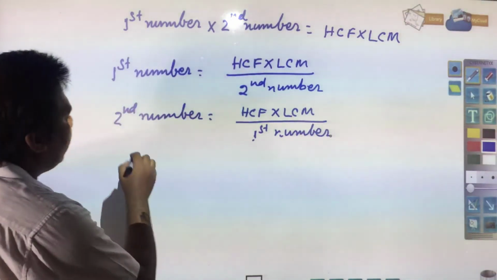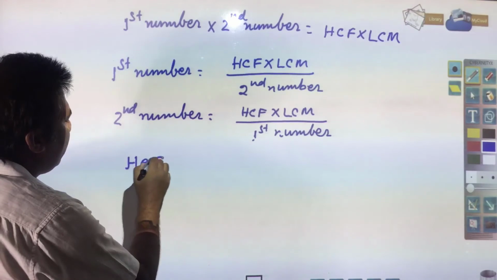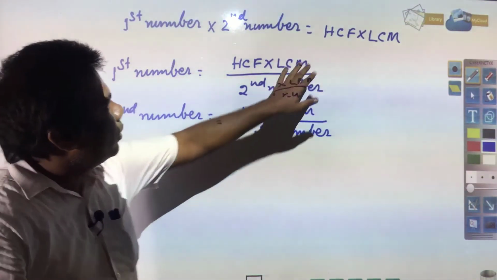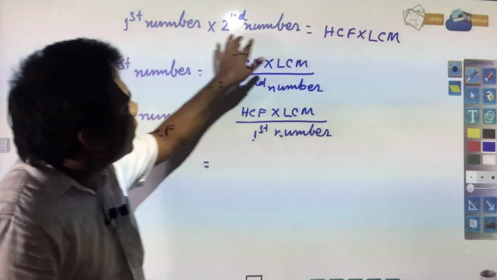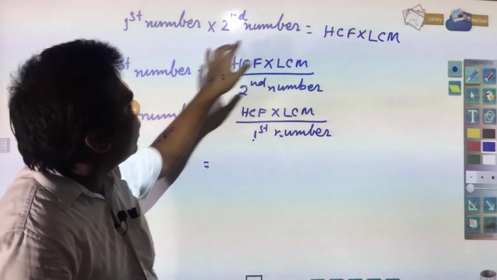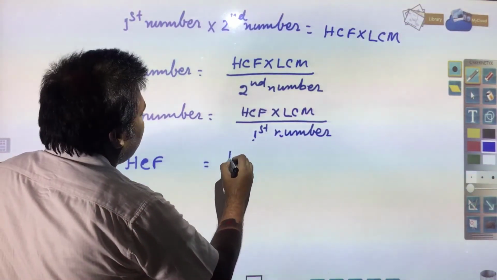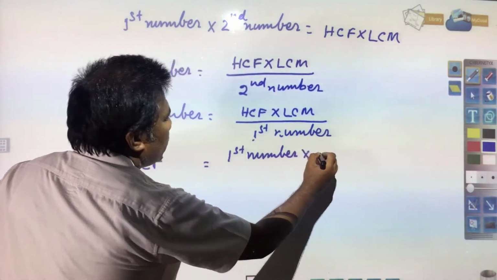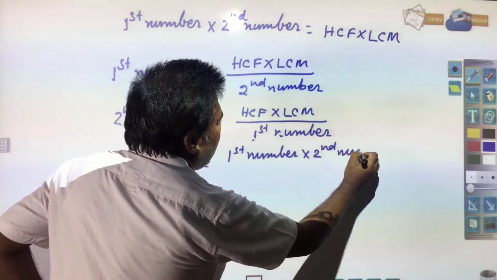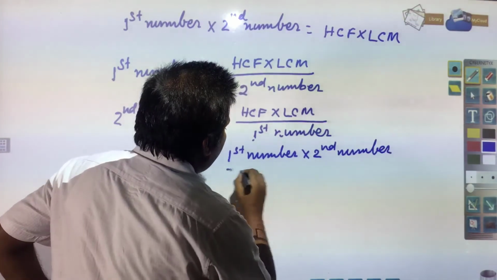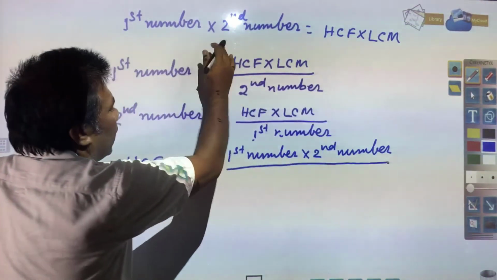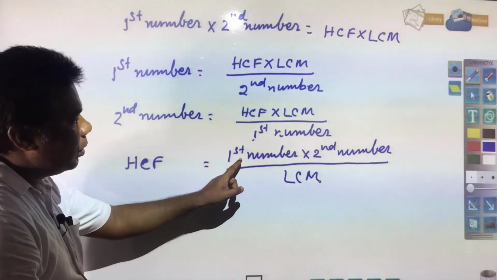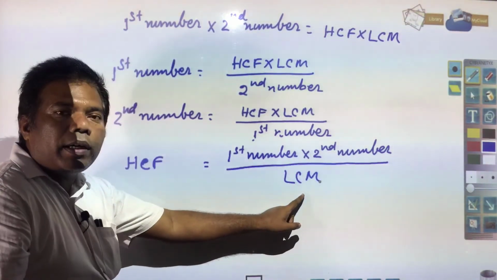In the same way, if you need to find HCF, you bring LCM to this side, so that will go in the denominator. So, HCF will be first number into second number divided by LCM. HCF will be equal to the product of the numbers divided by LCM.